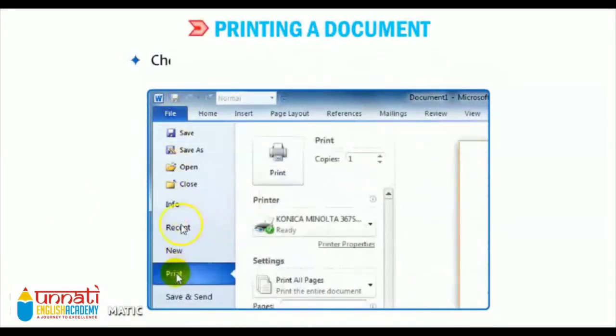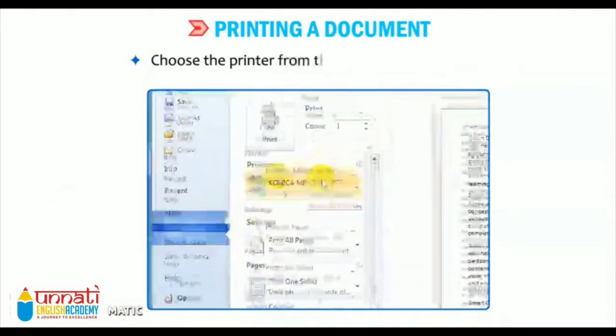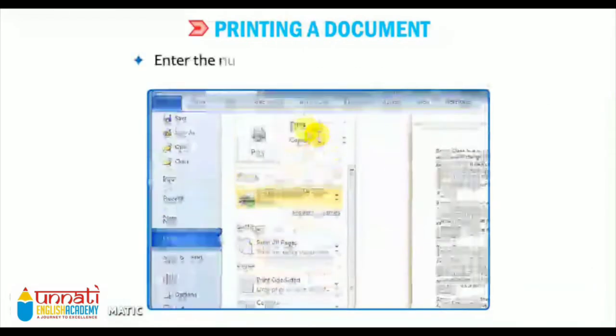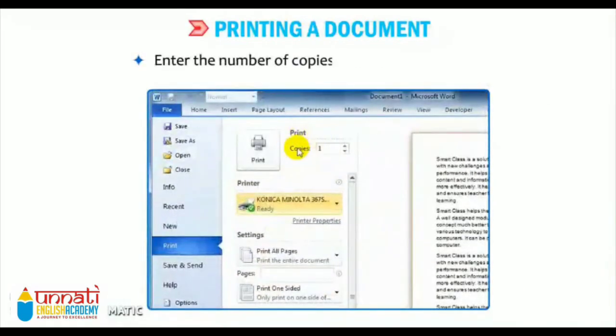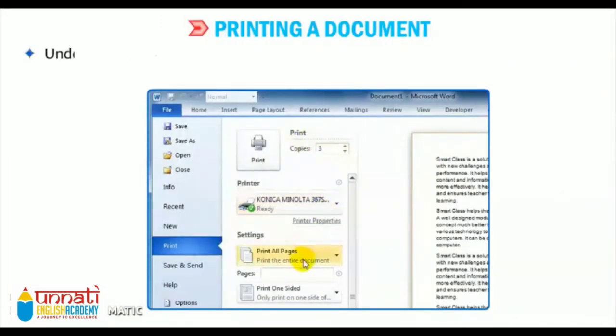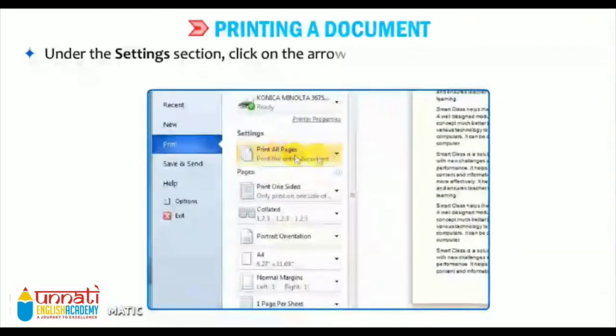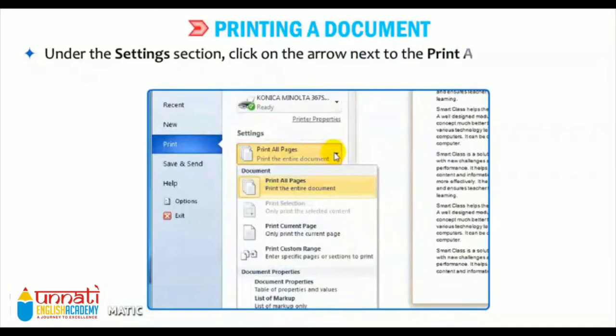Choose the printer from the printer drop-down list. Enter the number of copies in the Copies spin box. Under the Settings section, click on the arrow next to Print All Pages to choose any given option.